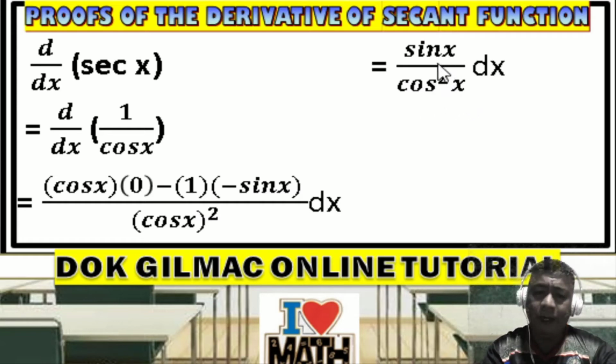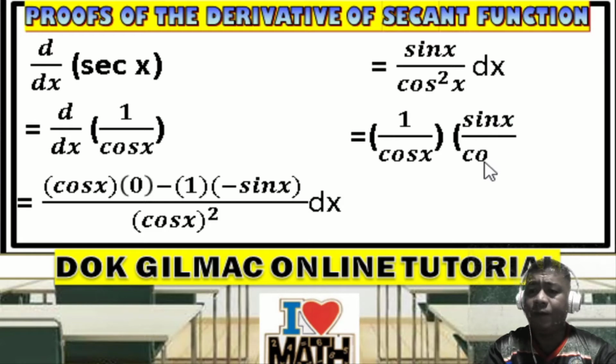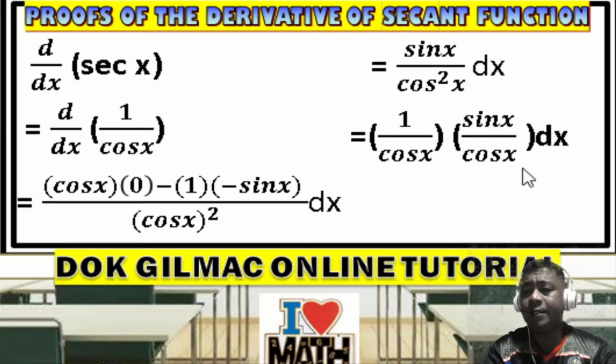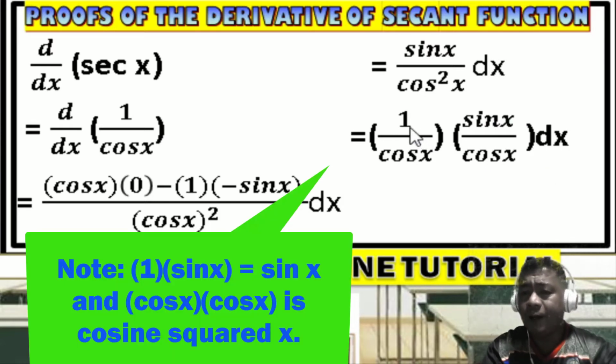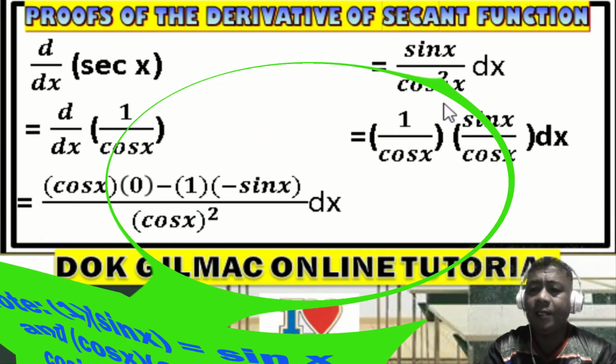Rewriting this trigonometric expression, this can be written as 1 over cosine x times the quantity sine x over cosine x dx. Take note, 1 times sine x is equal to sine x. Cosine x times cosine x is just equal to cosine squared x.